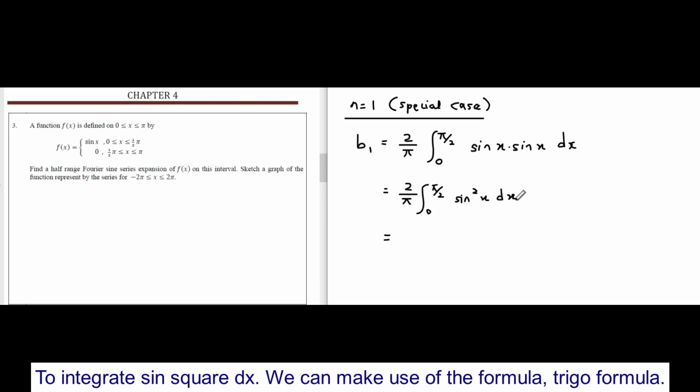To integrate sine square dx, we can make use of the trigo formula.